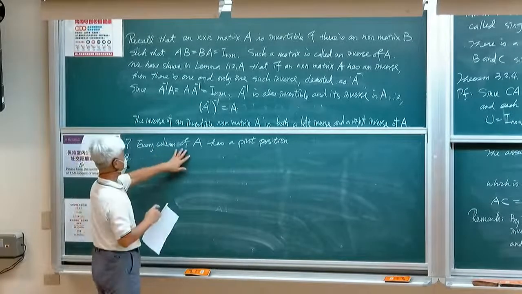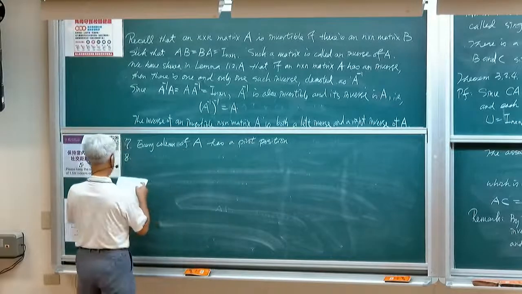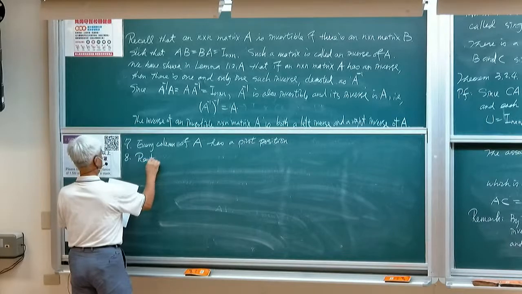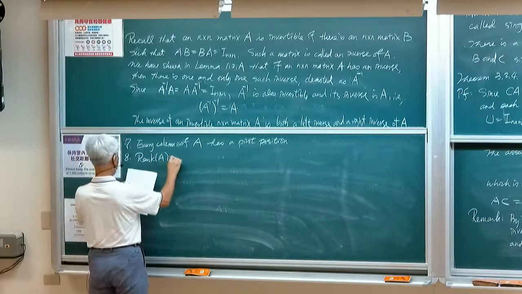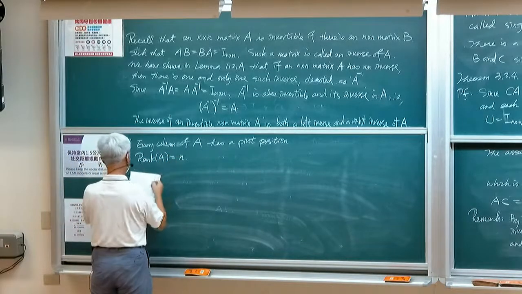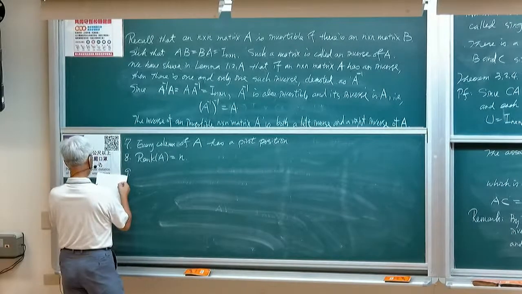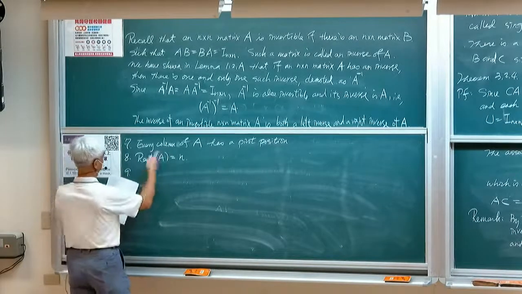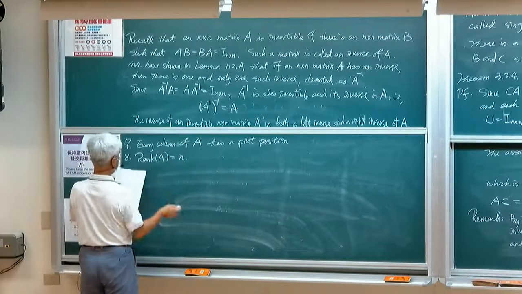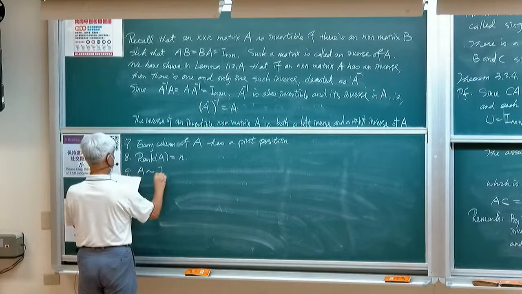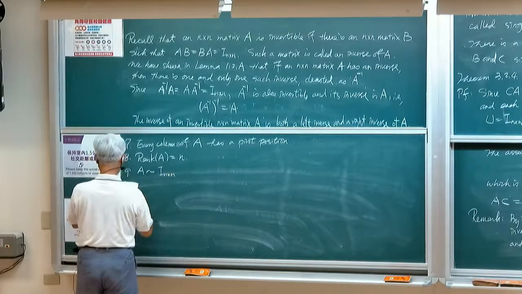Now every column of A has a pivot position, so that means that the rank of A is equal to the size of the matrix, which is n. And when the rank is n, every row has a pivot, so A is row equivalent to the identity matrix. This is 9.